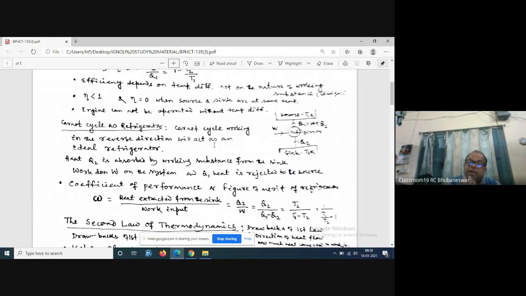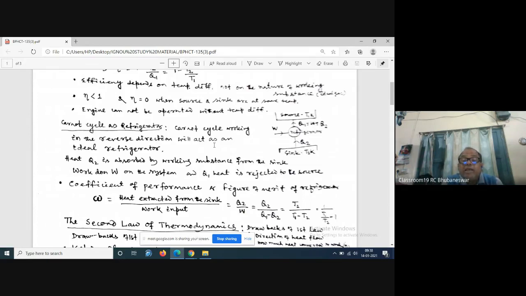The working substance will draw heat from the source, do some work, and reject the rest of the heat to the sink.